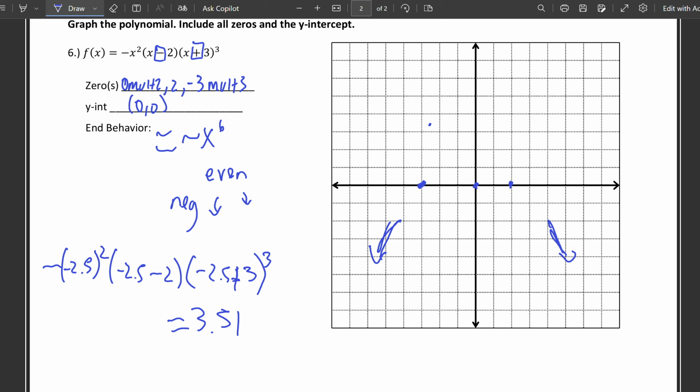We know that because of the end behavior that we have. Also, I forgot to go over the zeros and the multiplicities. We have an even multiplicity, which is 2, and an odd multiplicity, 3. Even, I believe, is a flatten, and then the odd is going to be a bounce.